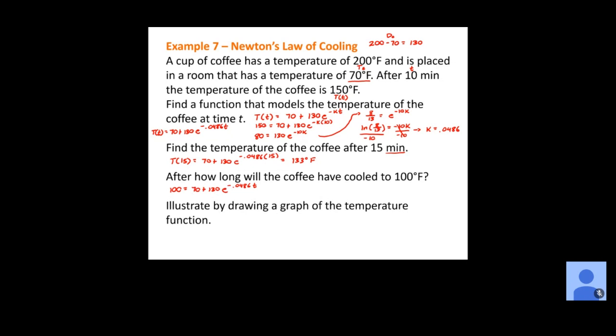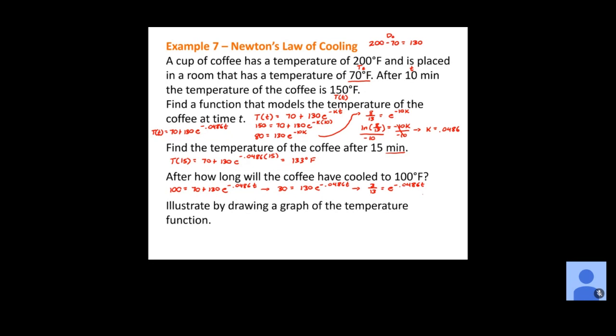First step, we're going to subtract the 70, move it to the other side. That's going to give us 30 equals 130 e to the negative 0.0486 t. Now we divide by the 130. That's going to give us 3 over 13 equals e to the negative 0.0486 t.